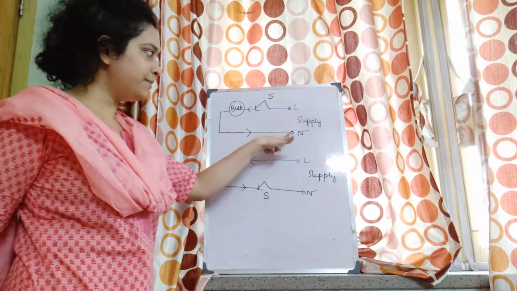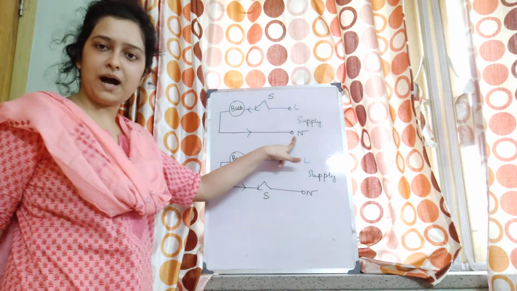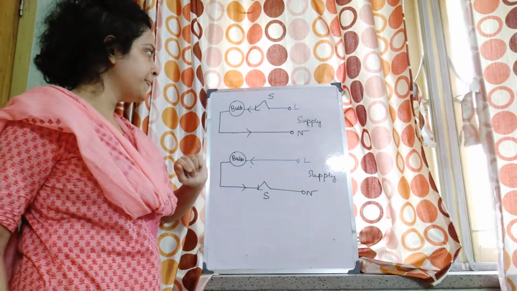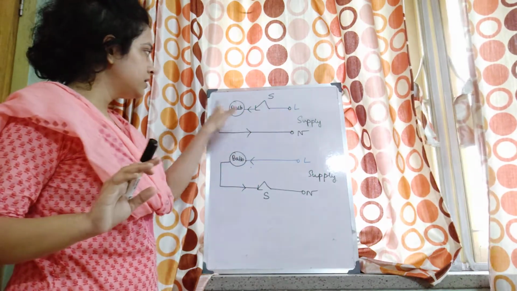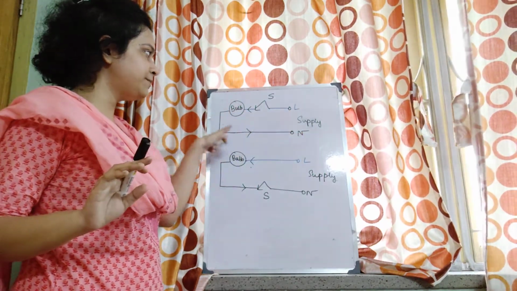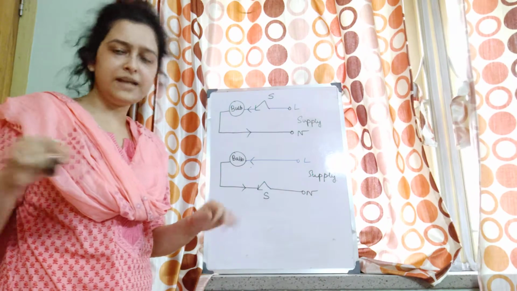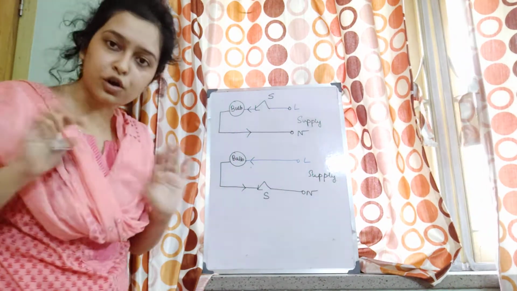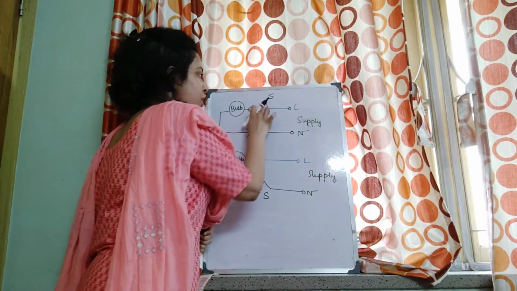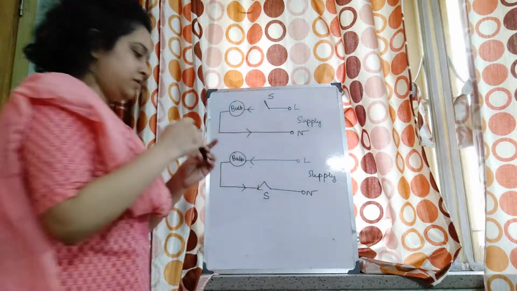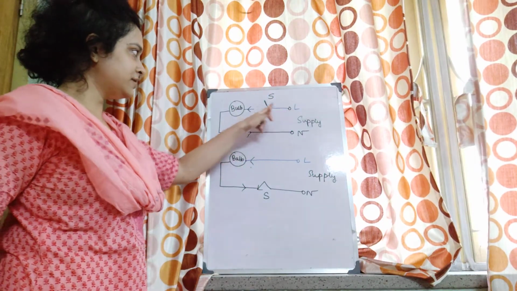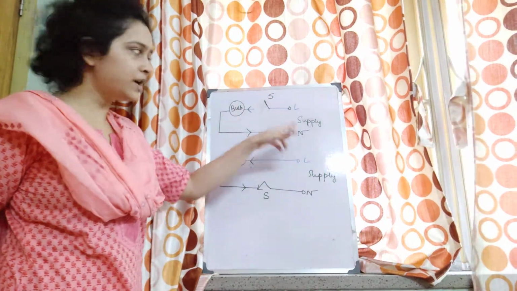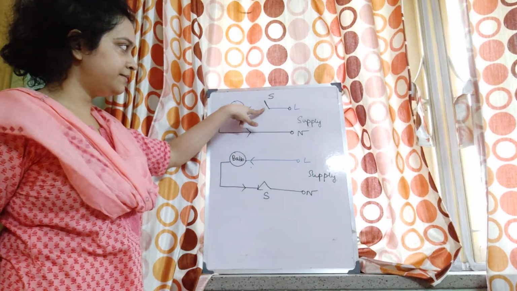The neutral wire serves as a back flow path for the current. Now when the switch is on, the path is complete, so current is flowing and the bulb will glow. When the switch is off, is it possible for the current to flow? No, because the circuit is broken, an incomplete circuit.